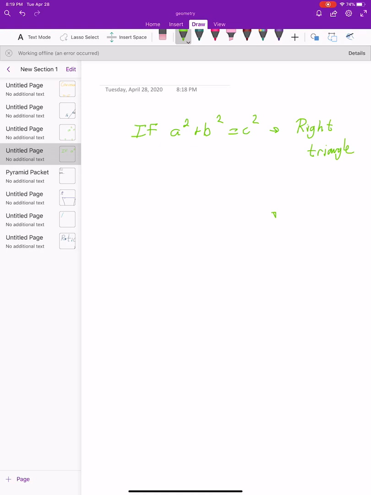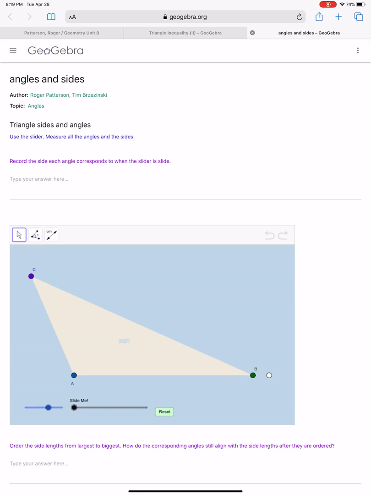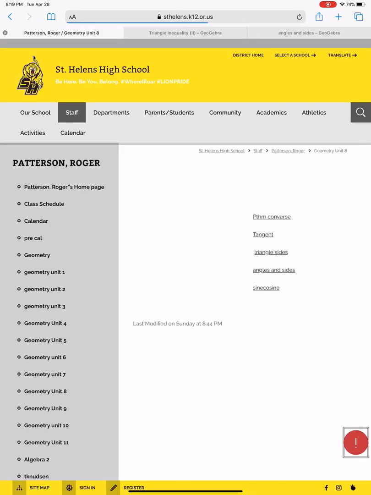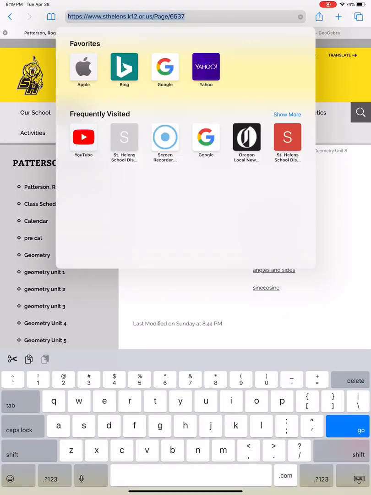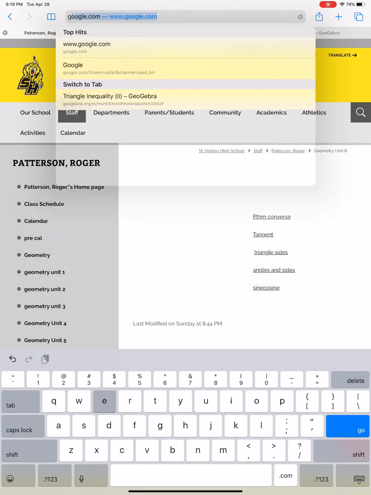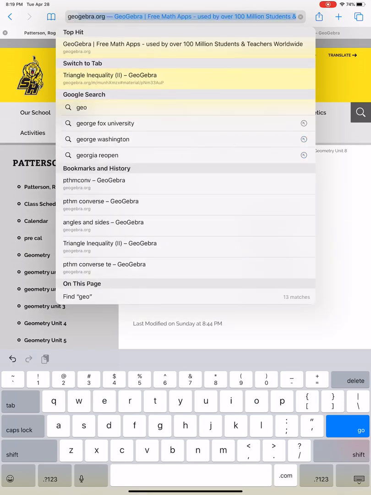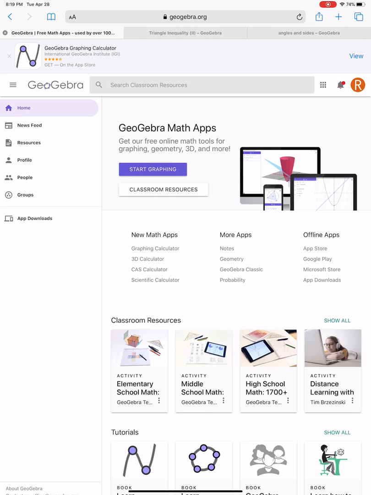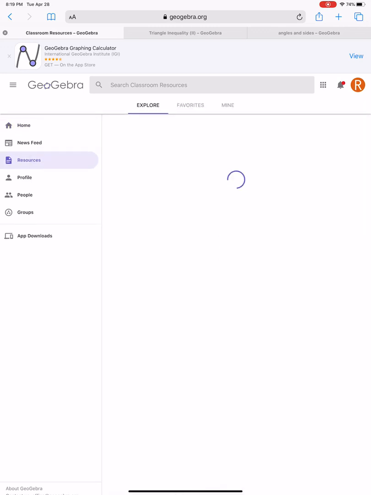So I had you go take a look at this one GeoGebra document. All right, and I'm going to go see if I can get that still. All right, let's see if we can find that. I think I'm going to have to do something different. There we go.